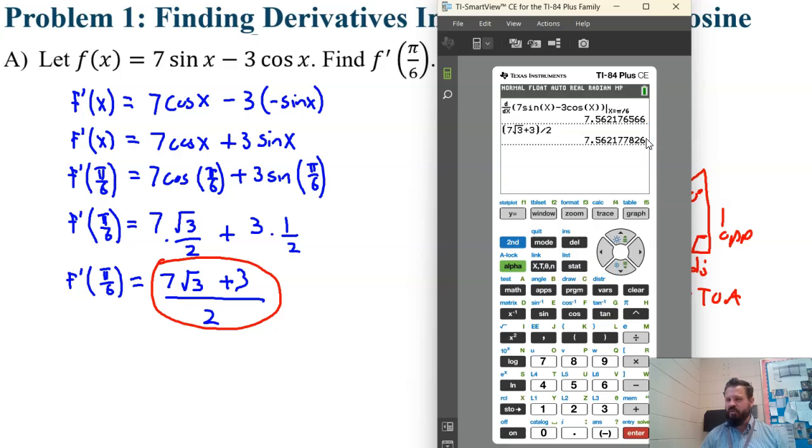Now, this is closer to my exact answer. Notice the answers are off as I get into further and further decimal places. That's because what the calculator is doing is not actually finding a derivative, it's approximating it. So it's okay if these only match up to 3 or 4 decimal places. We can still assume we got the right answer based on these results.